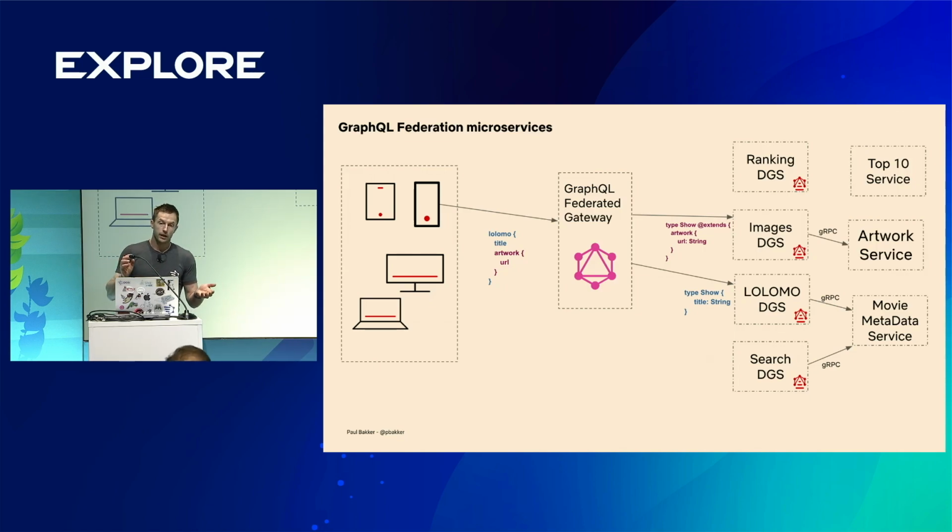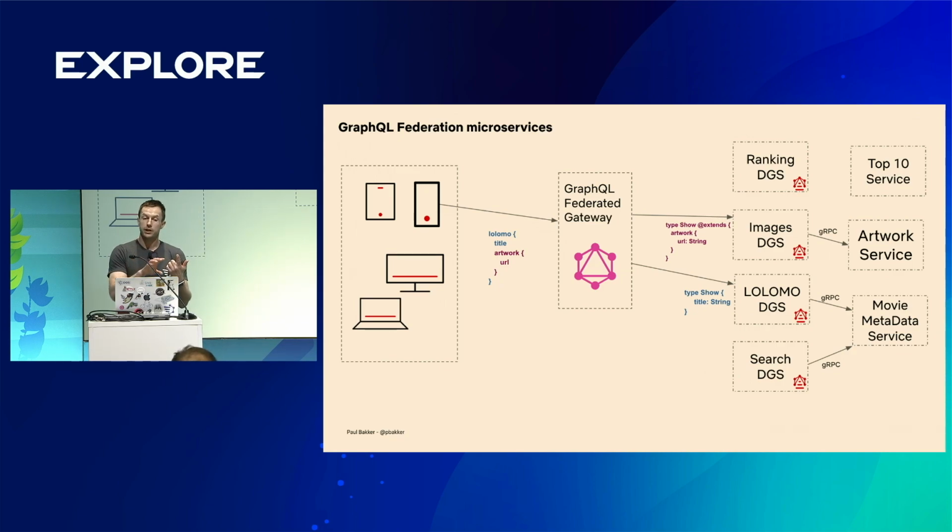It doesn't matter from their perspective where that data is actually coming from in our backend architecture. So they could write a query that asks for, give me the Lolomo, which is the list of movies, I'll get back to that, with titles of shows and the artwork URLs for every show.